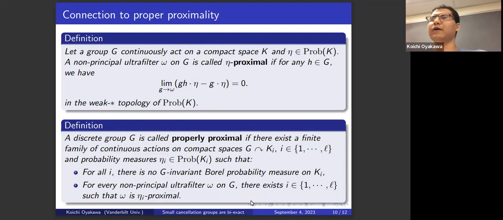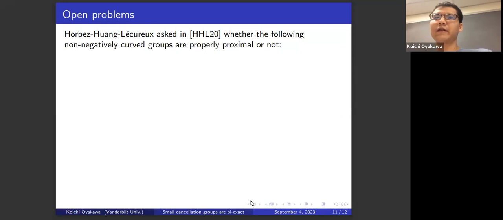It was defined by three operator algebraists, Rémi Boutonnet, Adrian Ioana, and Jesse Peterson, and they showed very nice properties of group von Neumann algebras of groups having this property. These three people also studied proper proximality from a group theoretic point of view, and they showed that various groups acting on CAT(0) spaces are properly proximal. After proving those results, they asked whether the following groups are properly proximal or not.